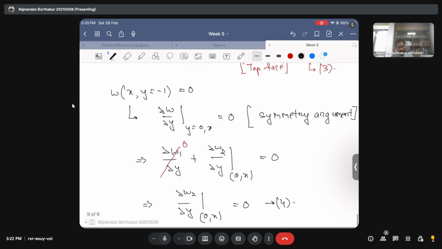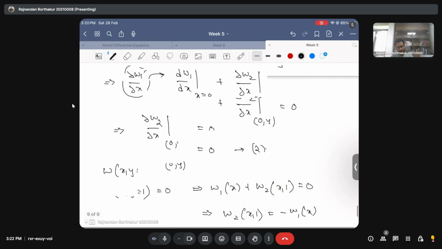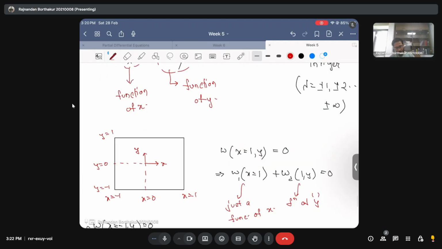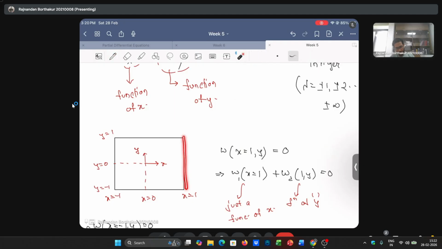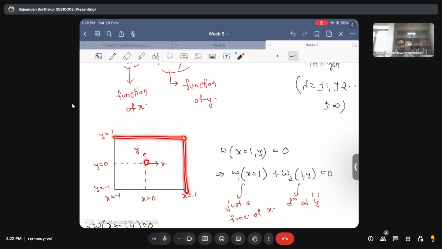So if you carefully have a look at the boundary conditions, essentially what we have done is we wrote boundary conditions for this plate and at the center, basically.